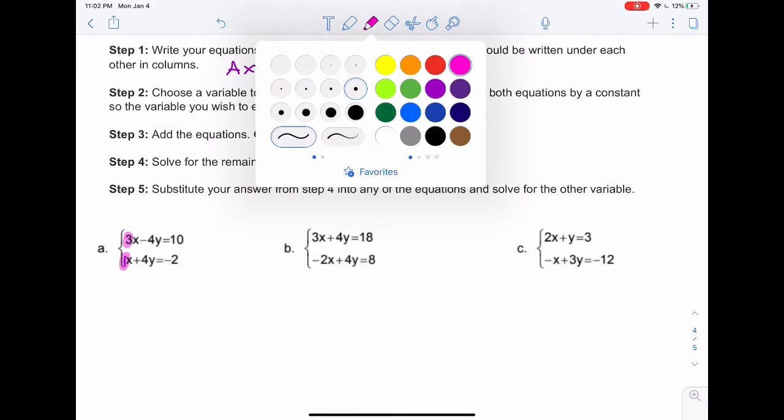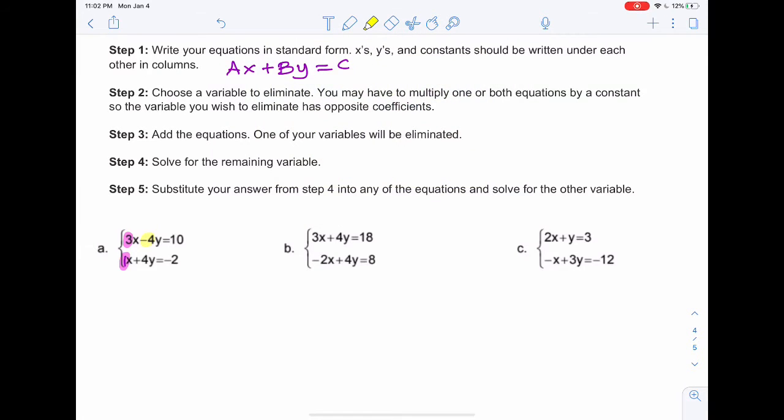For y, we have negative 4, and we have positive 4. We're looking for a variable with opposite coefficients, and the variable y has negative 4 and positive 4. Then let's go to step 3.